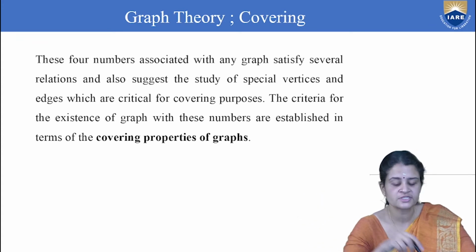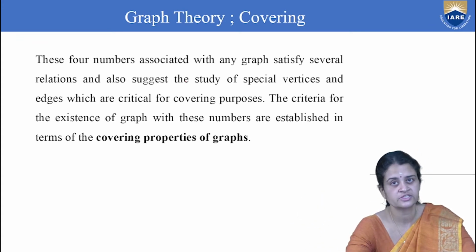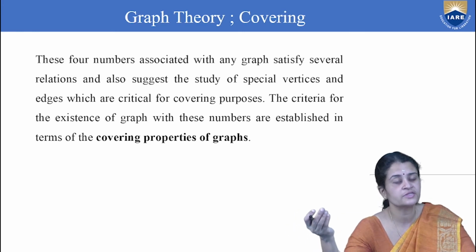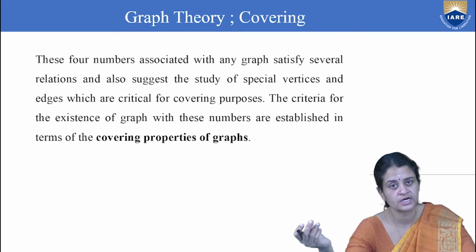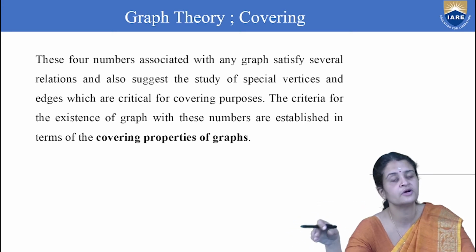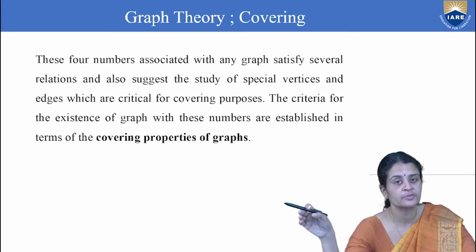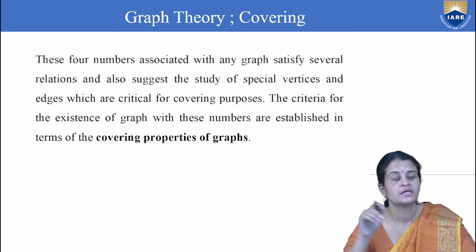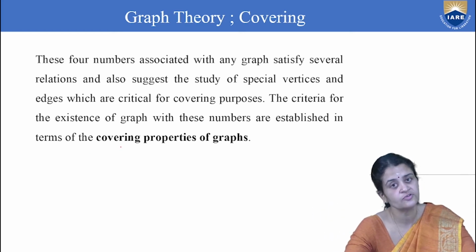These four numbers associated with any graph satisfy several relations and also suggest the study of several vertices and edges which are critical for covering purposes. The criteria for the existence of a graph with these numbers are established in terms of covering properties of a graph.